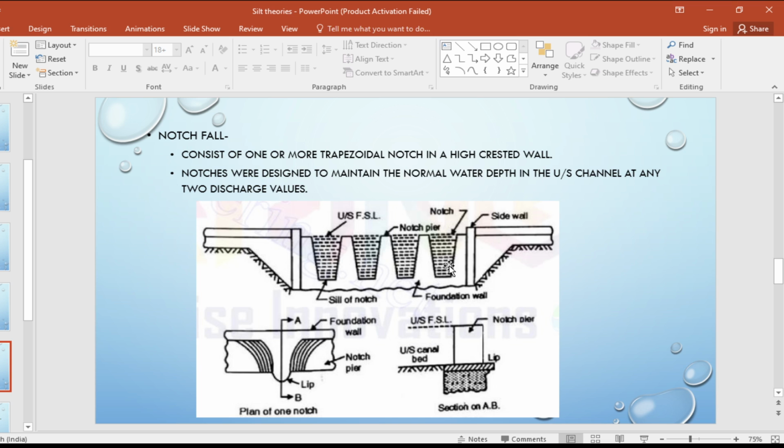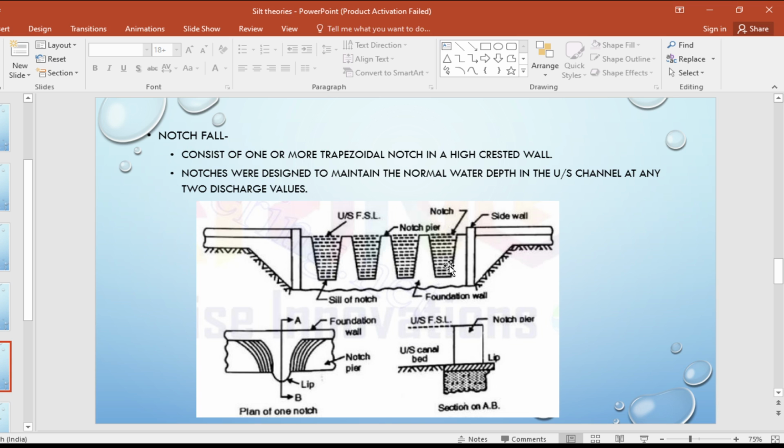Now, the notches were designed to maintain the normal water depth in the upstream channel at any two discharge values. The depth discharge relation was thus maintained with a close approximation in this notch fall.